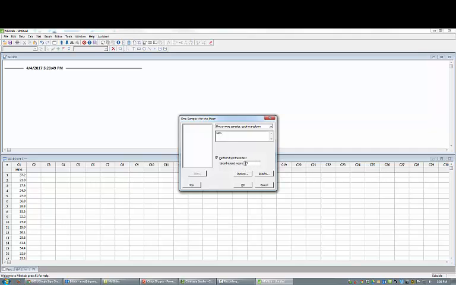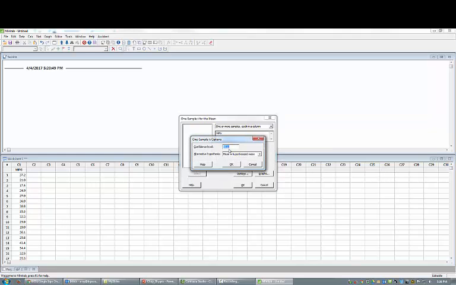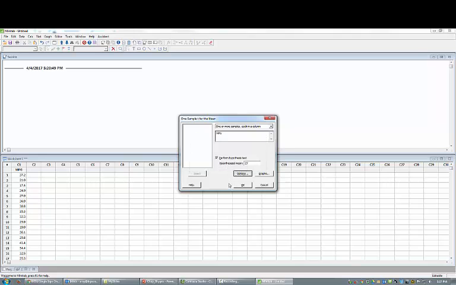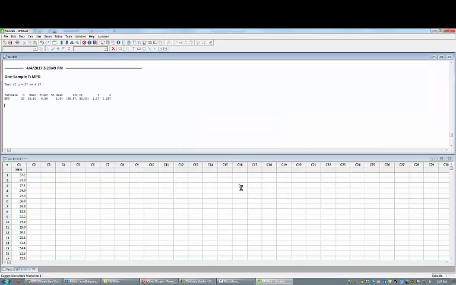What you're guessing, mu equals that number. You click on Options. Here you can change the confidence level, but we're working with 95%. And you can select whether you want it to be two-sided or one-sided. Here we're working with a two-sided test, so mean not equal to hypothesized mean is the alternative hypothesis. And then you click OK.